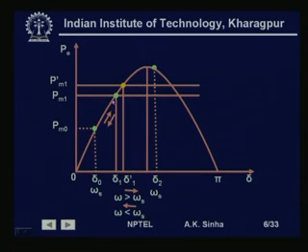As it goes below this point, what happens? Electrical output now becomes less than the mechanical input. So, we will get accelerating power available, that is, from subsynchronous speed.